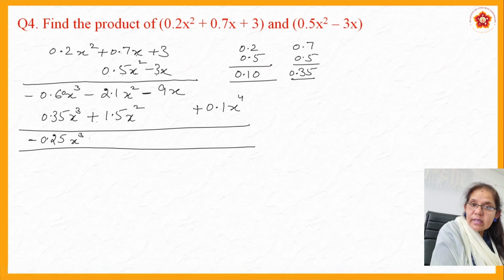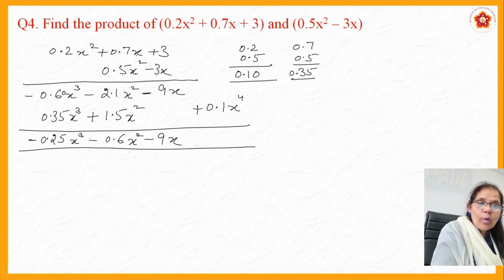One is minus, other is plus. We will subtract it. It will come 0.6. 21 minus 15 is 6. Now here it is 2.1 and 1.5. So I'll put the decimal here.